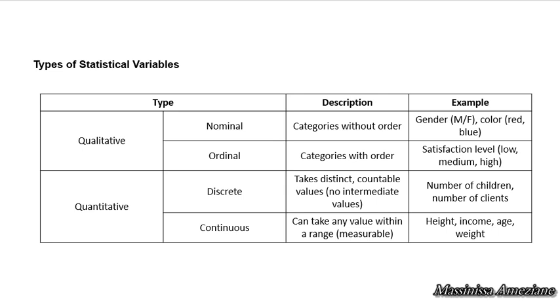Examples: height, income, age, weight, and many other examples. For example, with income, between 1 million and 2 million there is an infinity of values. This is why we call it continuous, unlike the discrete, where between a value and the next value there is nothing, they are isolated.